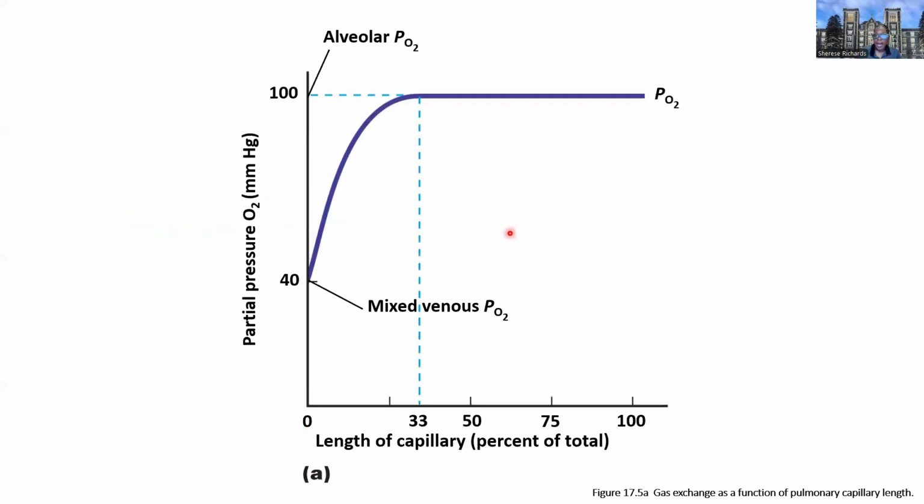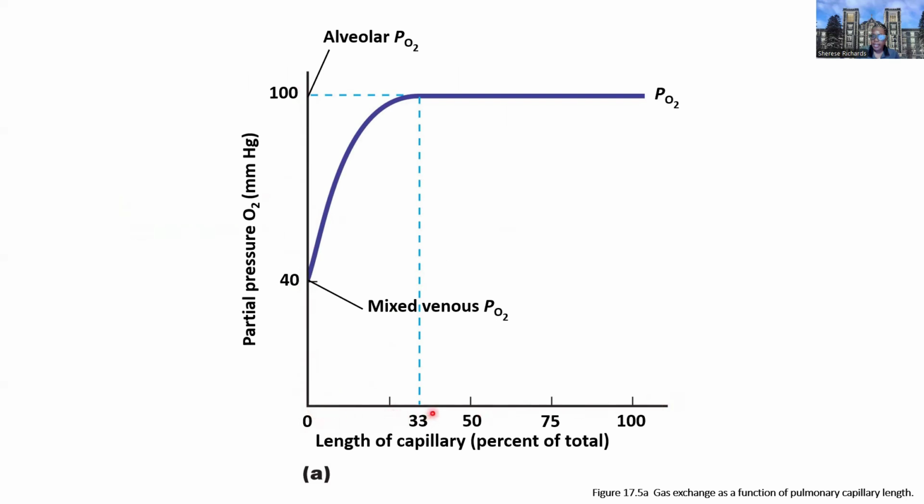So let's talk about how these gases move across the capillaries, right? Let's kind of illustrate that here. So we're comparing the partial pressure of the gas. We're looking at oxygen first. Partial pressure of the gas here on the Y, and we're comparing that to the length of the capillary, in the percent.